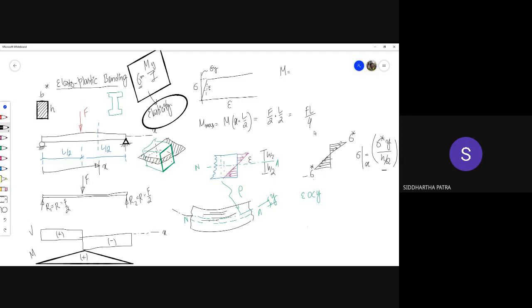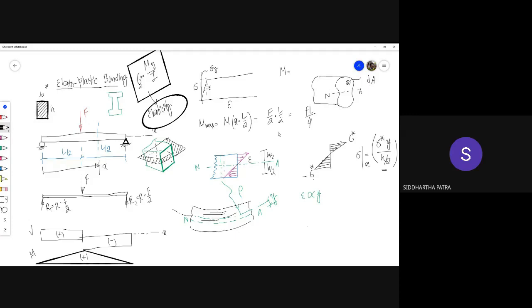Let's say this is the cross section, and ideally I should be drawing the rectangular cross section because all of this derivation is for the rectangular cross section. But the relation that I'm about to get is general, and I can do that for a general cross section. So go anywhere on the cross section, you will have the differential area. And let's say this is how the beam extends. This is the beam.